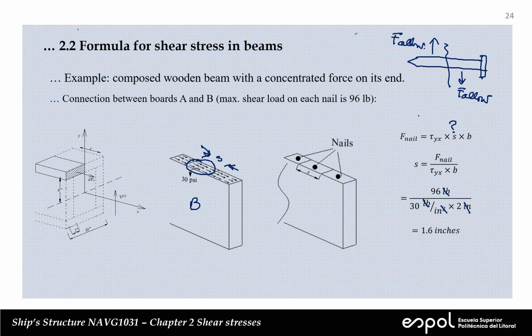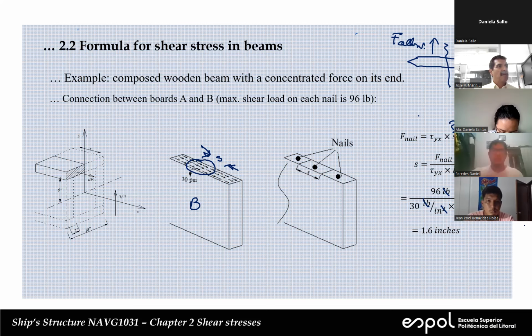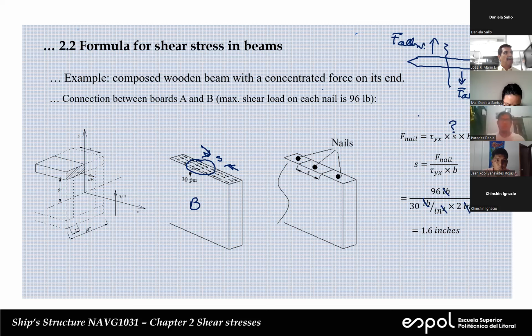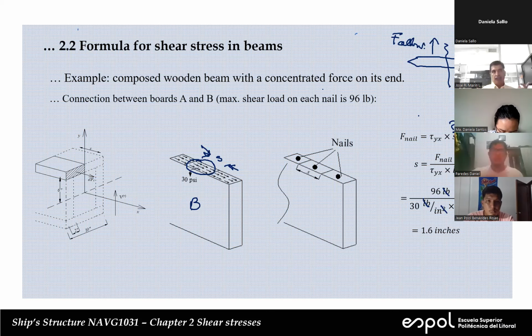Is there any questions about this? Yeah, well, this force depends on the characteristics. For example, you're saying that putting one nail every 1.6 inches is just too much, right? So what you can do is you can increase the size of the nail.